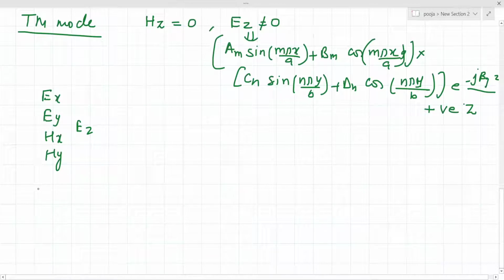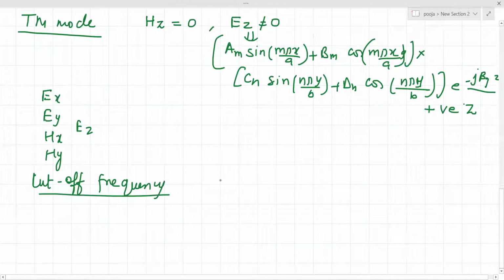So let's see the formulas for the TM wave, like we derived for the TE mode. First we'll see the cutoff frequency. Cutoff frequency is the lowest frequency that could propagate within a waveguide.